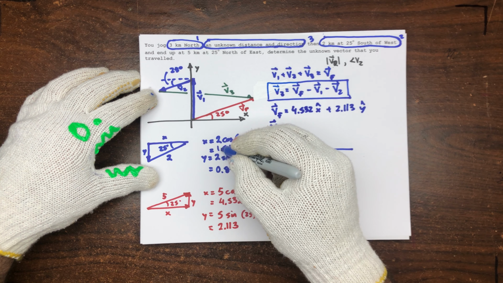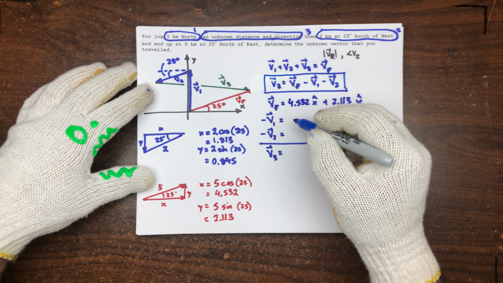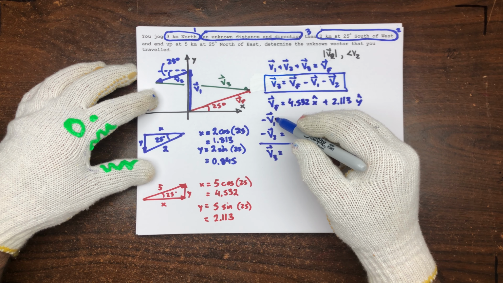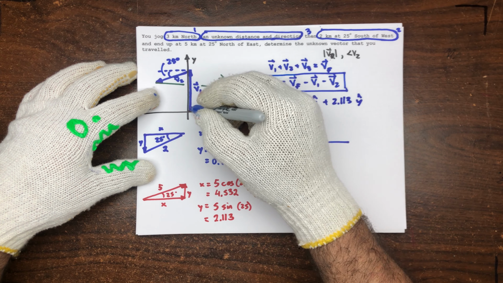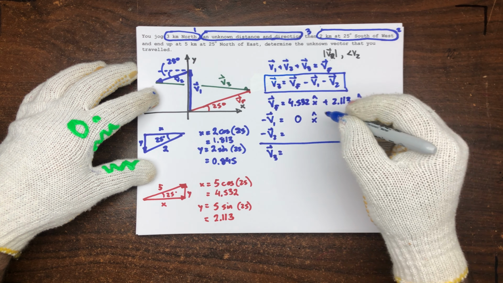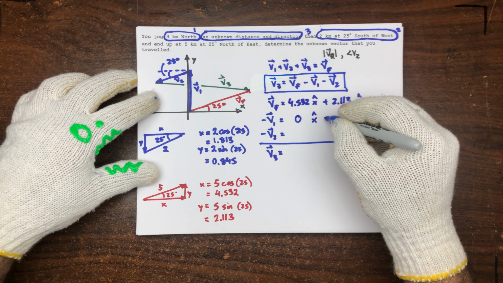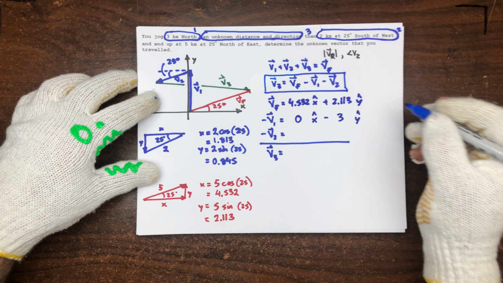Remember, these numbers always come out positive because I'm using an angle between 0 and 90 degrees, so I manually have to put in those negatives. v1 vector was just in the y direction, so 0 in the x hat direction, but it was going north, so negative v1 is minus 3 y hat.